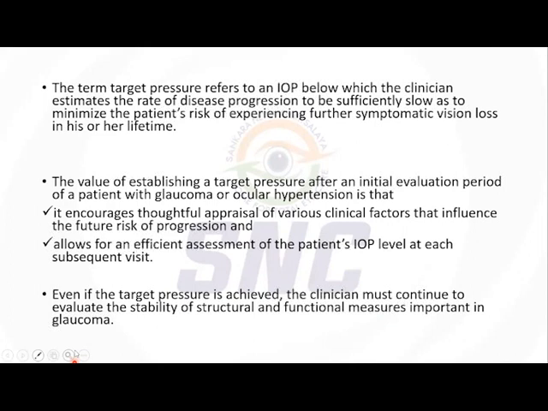The value of establishing a target pressure after an initial evaluation period of a patient with glaucoma or ocular hypertension is that it encourages thoughtful appraisal of various clinical factors that influence disease progression and allows for an efficient assessment of IOP at each visit. Even if the target pressure is achieved, the clinician must continue to evaluate the functional and structural measurements that are important for glaucoma.